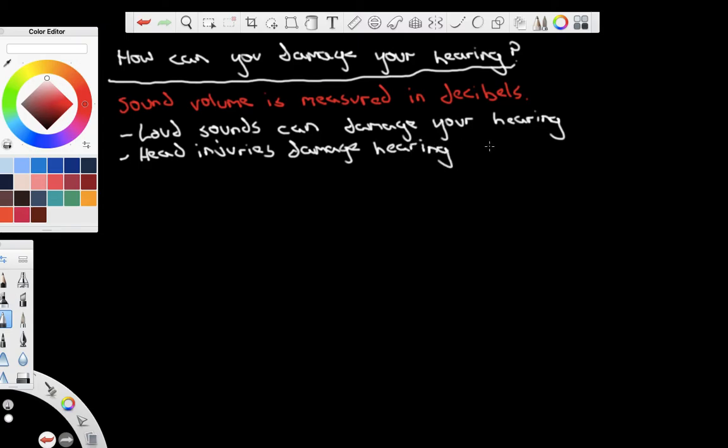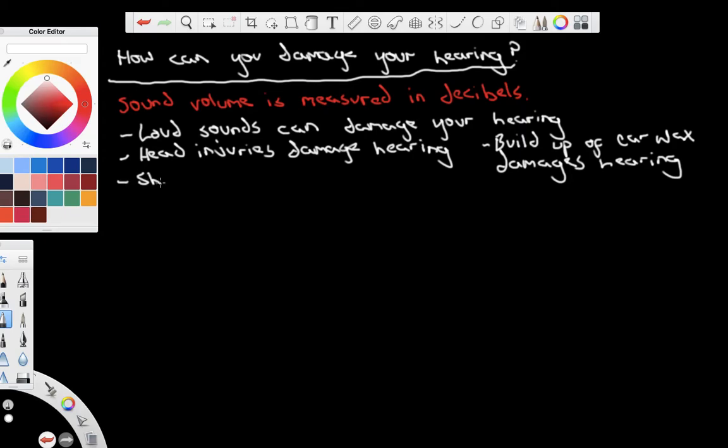We can have a build-up of earwax, which damages hearing. We can say sharp objects putting a hole in your eardrum can damage your hearing, but your eardrum will grow back.